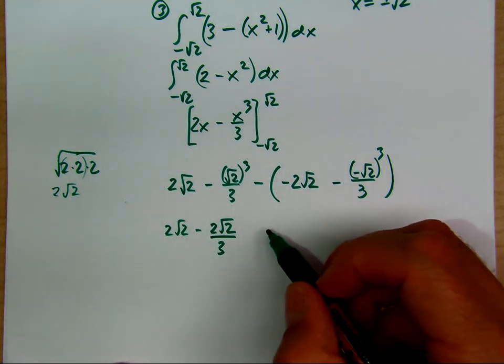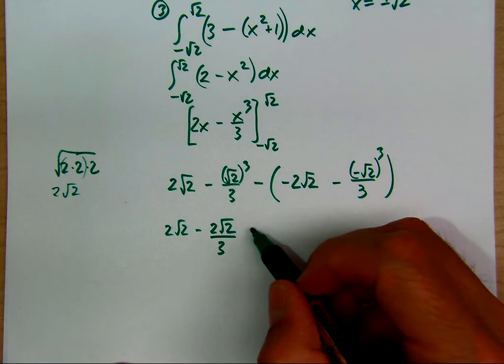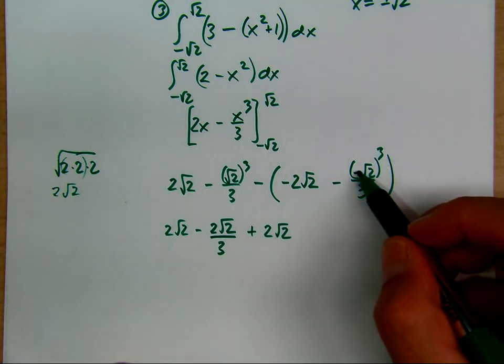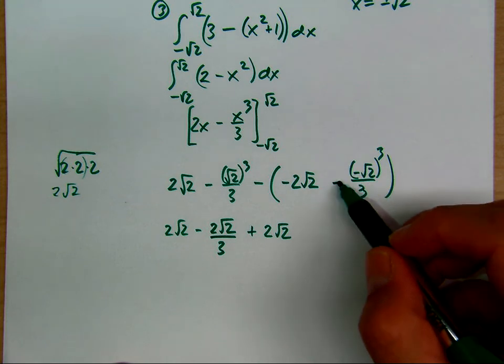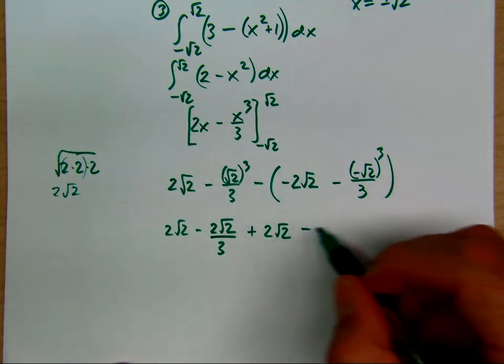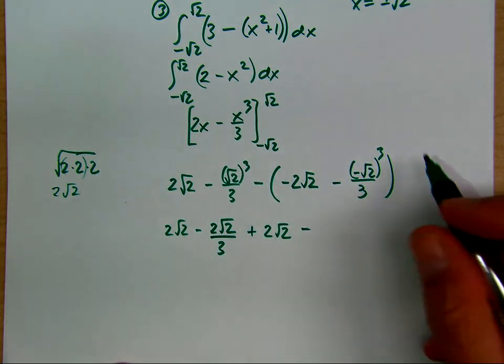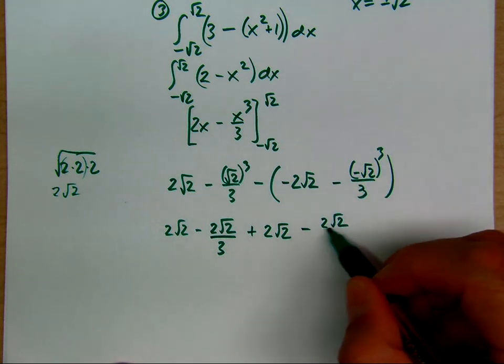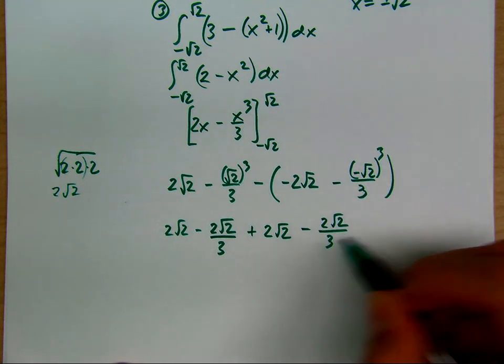All right. Over here, we're going to have a plus 2 radical 2. Now, cubing the negative makes it negative, which makes this positive, and that makes it negative. So we have the same thing happening here, 2 radical 2 over 3.